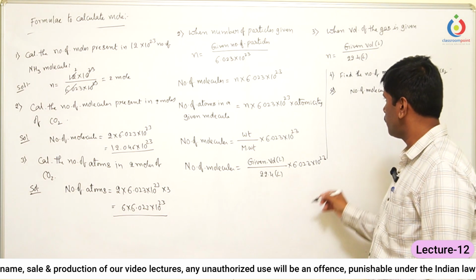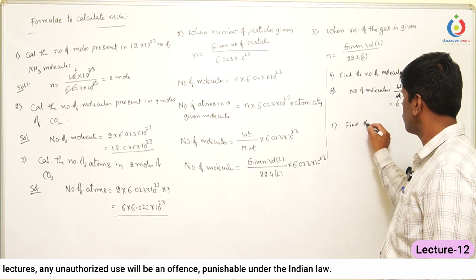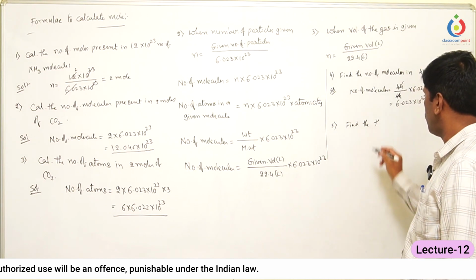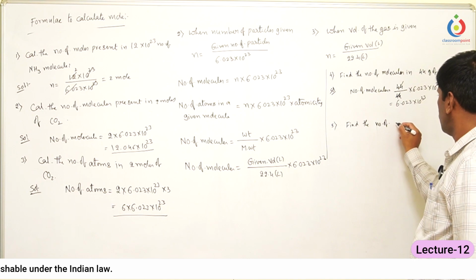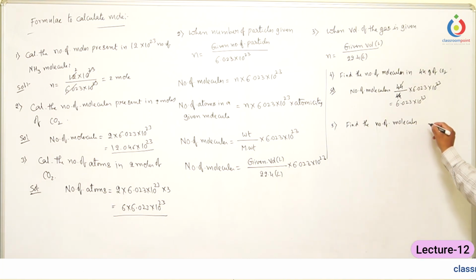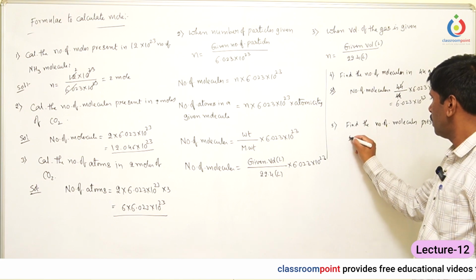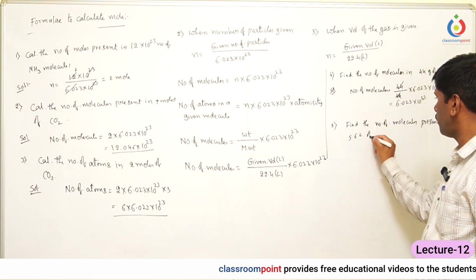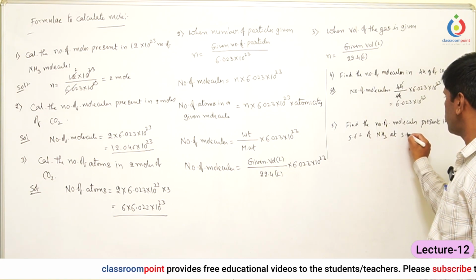Now let us see this formula. Find the number of molecules present in 5.6 liters of NH3 gas at STP.